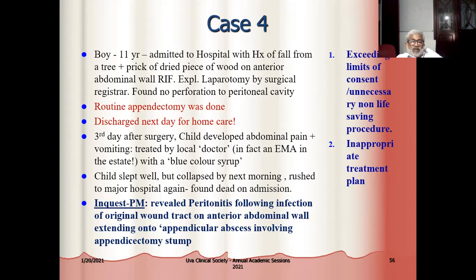Rushed to hospital, again found dead on admission. PM revealed peritonitis following infection of the original wound tract on the anterior abdominal wall, extending onto an appendicular abscess involving the appendicectomy stump. Exceeding limits of consent, unnecessary non-life-saving procedure, inappropriate treatment plan.